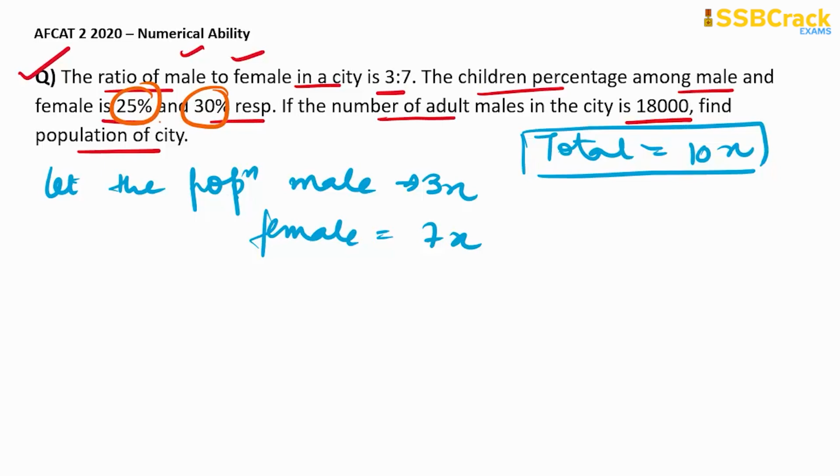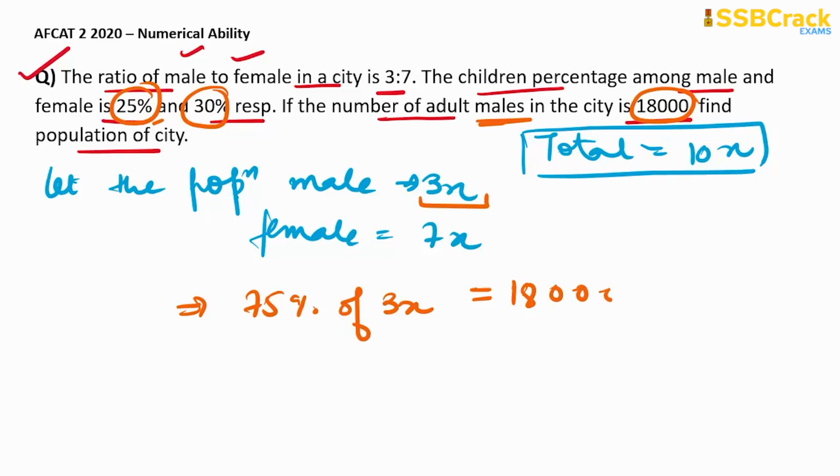Okay, so 25% of 3x are children. So this implies 75% of 3x will be adults, and that adult population of males is given to be 18,000. So it will be equal to 18,000, right? So from here we can easily calculate this x, and in the end we have to find the population of the city, that will be equal to our 10x.